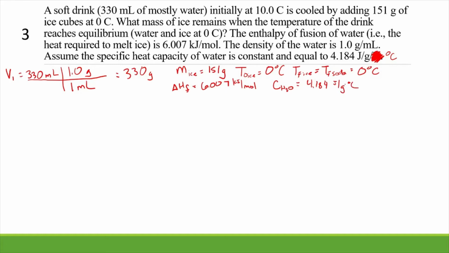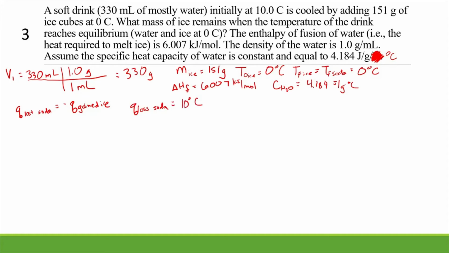So we know that the heat lost by the soda is equal to the negative heat that is gained by the ice. So let's go ahead and calculate the amount of heat that the soda lost. So we have 10 degrees Celsius.